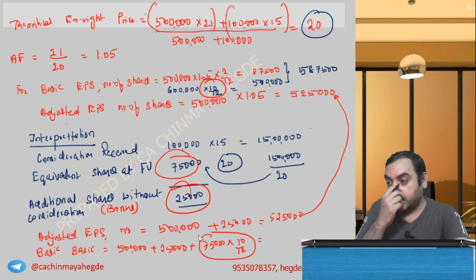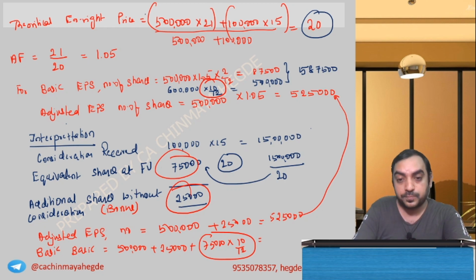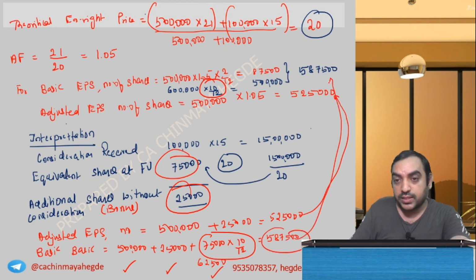How much that comes to? 62,500. And add all, 5 lakh 25,000 and 62,500, we get 5 lakh 87,500. That's what this number would mean on an interpretation.